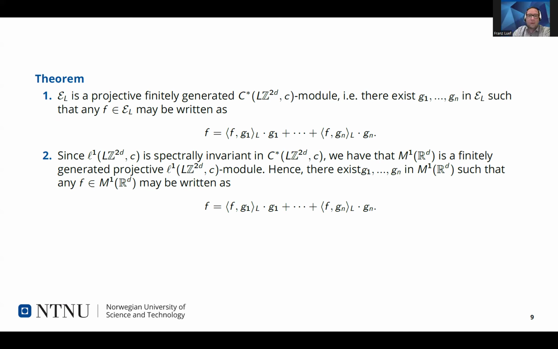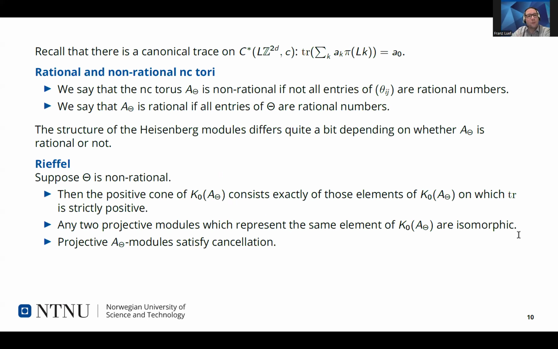Good. So now we're going to rewrite this in a nice way. But before this, I want to say that there's a canonical trace on this C star algebra. For the twisted L1 algebra, you can define it this way by picking up the zeroth Fourier coefficient, and then you extend it by continuity.